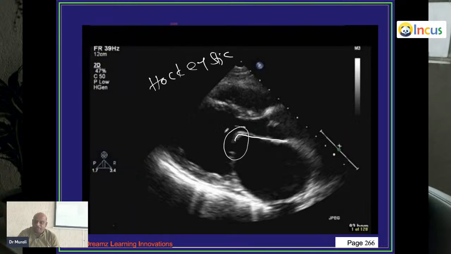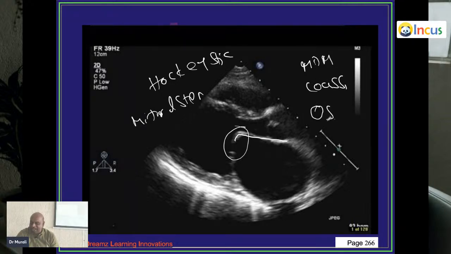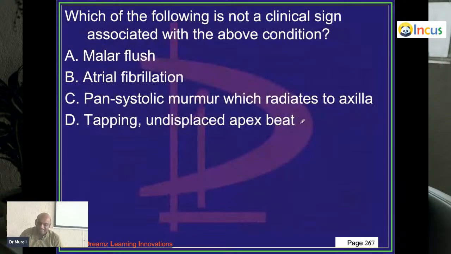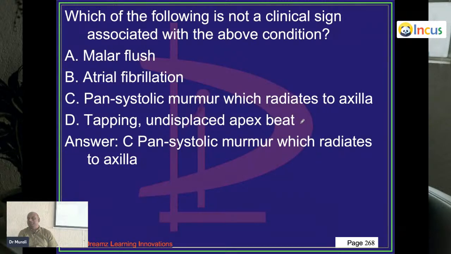That happens whenever there is a mitral stenosis. Mitral stenosis leads to a mid-diastolic murmur, loud S1, opening snap, and pre-systolic accentuation of the mid-diastolic murmur. You have to master this. Pansystolic murmur radiating to the axilla is a feature of MR, not MS.